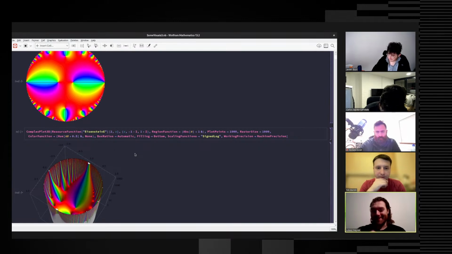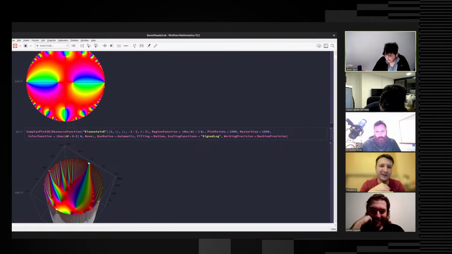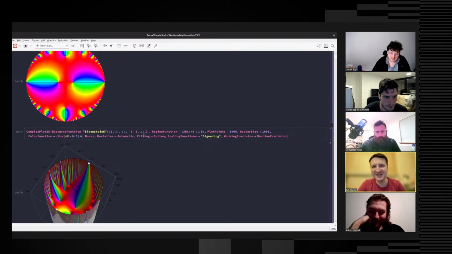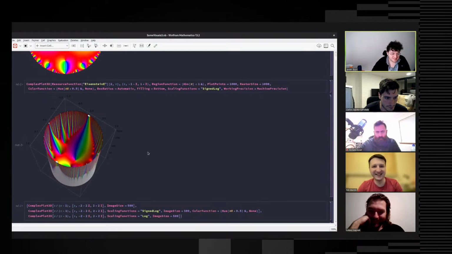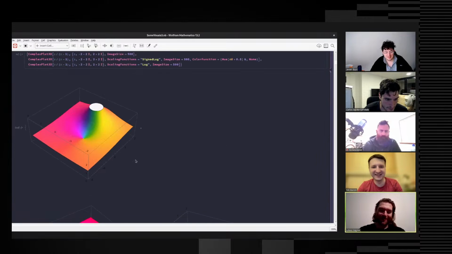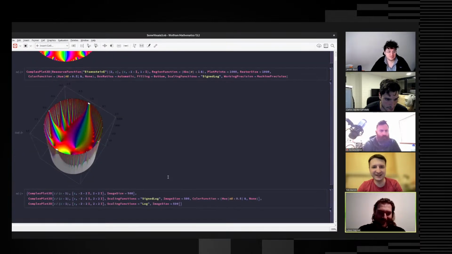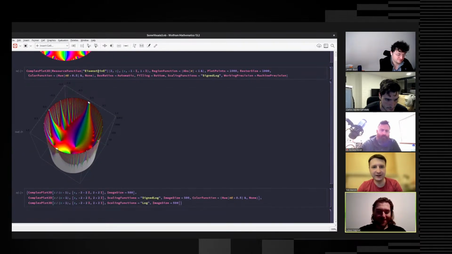How do you explain what Eisenstein series are? I don't think opening the resource function doc page is the best way to theoretically explain it. I can show the formula later, but I actually computed it straight from the infinite sum.